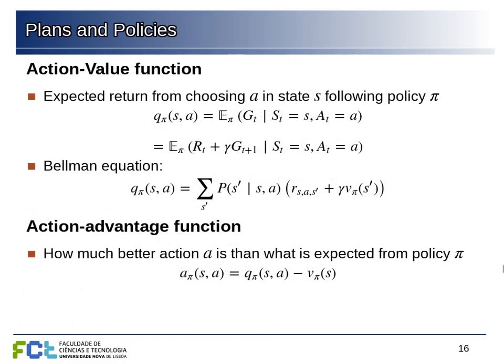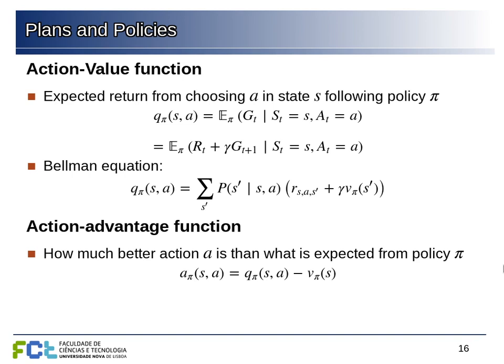An action advantage function can tell us how much better some particular action is relative to some policy. And this would be the difference between the expected reward discounted over time of taking action A in state S and the expected reward discounted over time of starting from state S and simply following the policy.